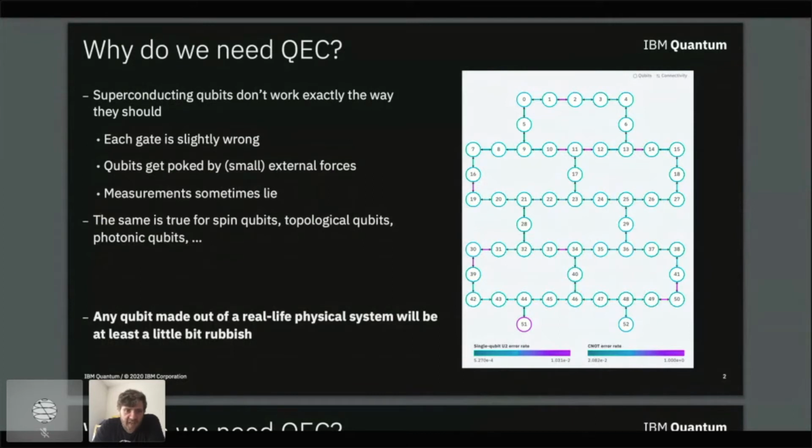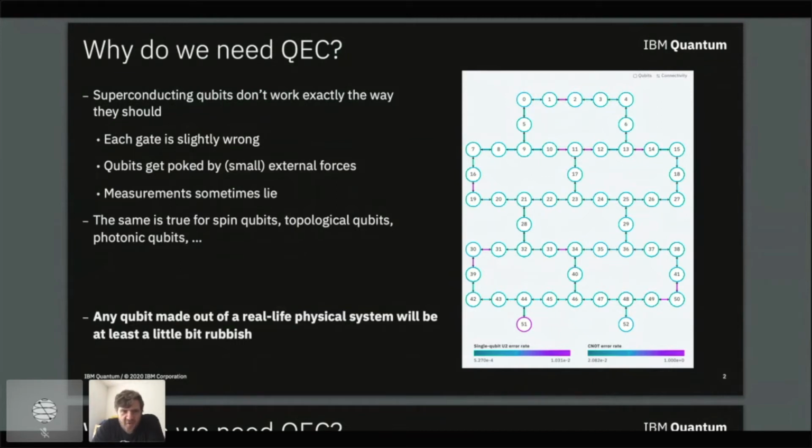If you do that, you'll find that if you set a qubit to be 0 and then measure it, it's mostly but not always 0. And if you set it to be 1 and measure it, it's mostly but not always 1. So you find that these devices don't actually work exactly the way they should.